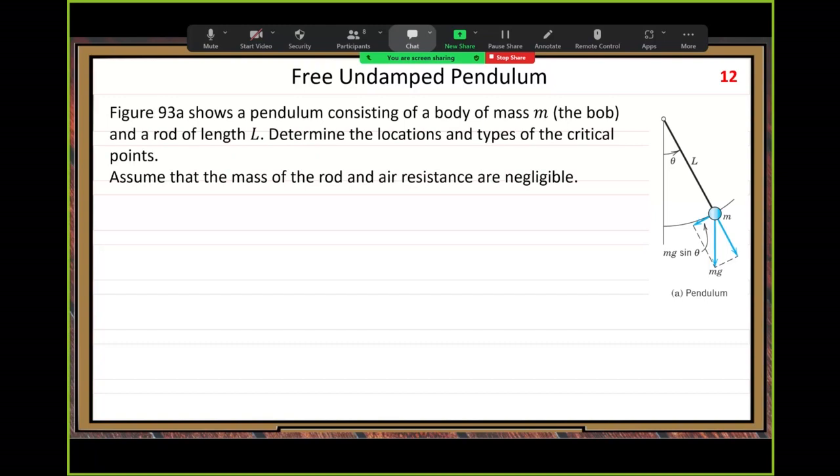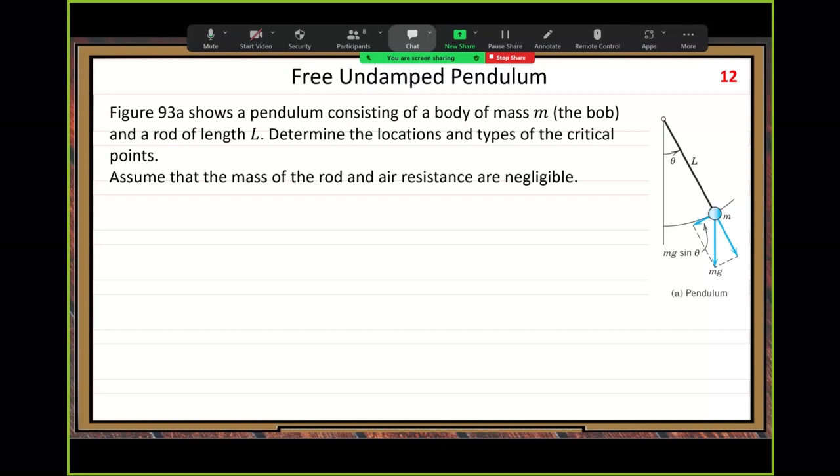All right, so the question: mass m, length L, determine the location as a function of t. We want to find that function.